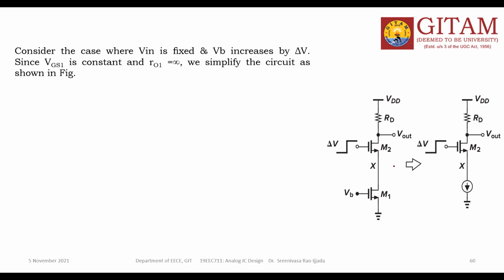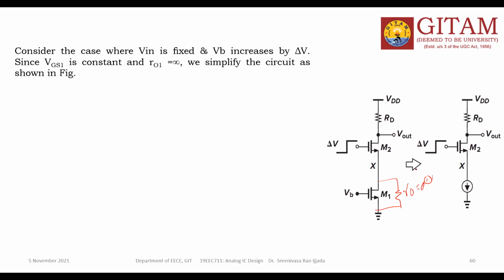Whenever the M1 device VGS is constant, generally we treat the transistor's output resistance as R0. This is infinite because it is not allowing any current, or it is allowing a constant amount of current. You can take anything, this is infinite.